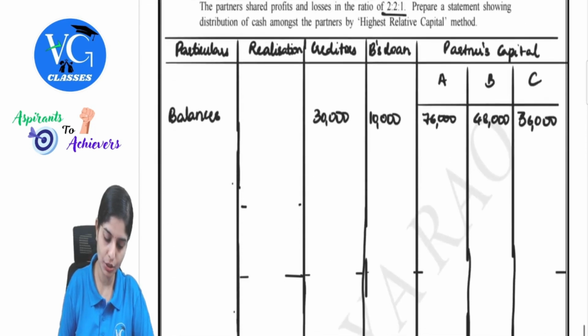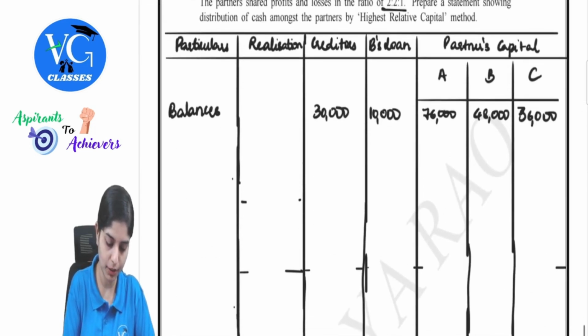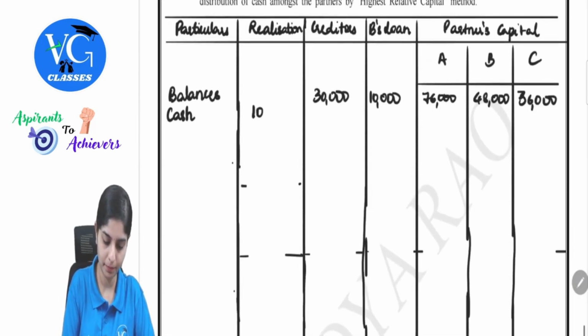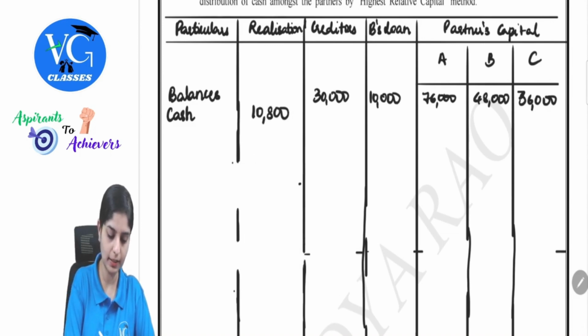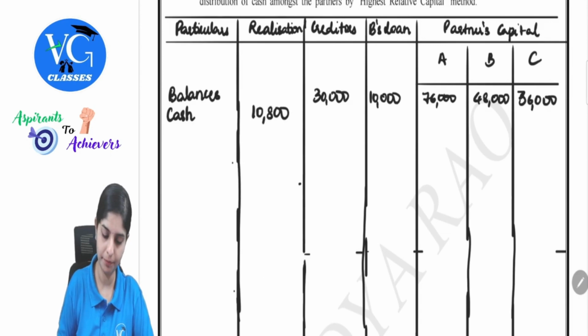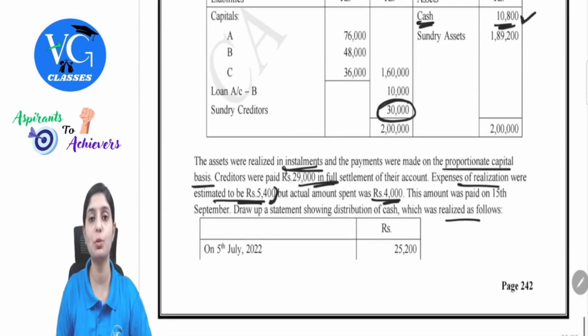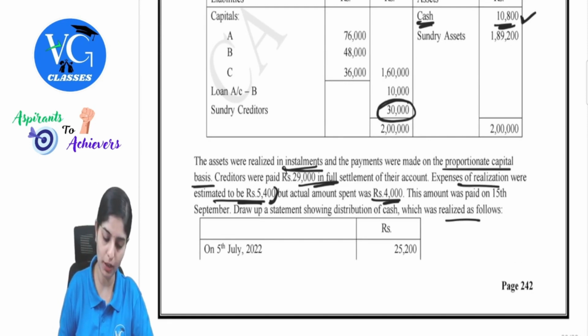So cash, we can first use it, 10,800. Now in this 10,800, first is expenses of realization, which is estimated at 5,400.